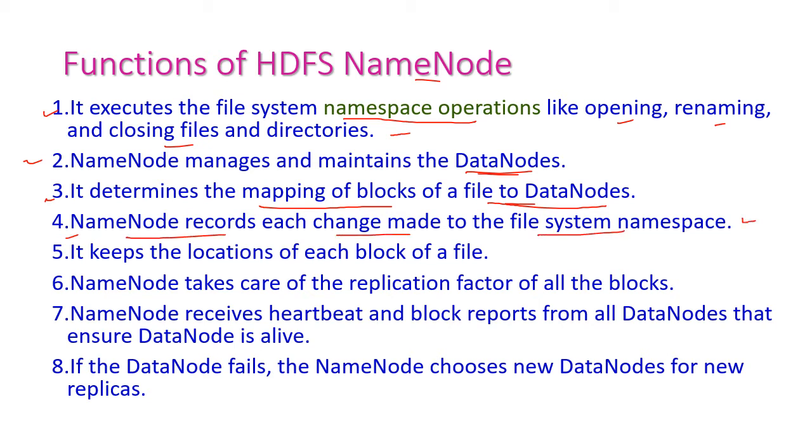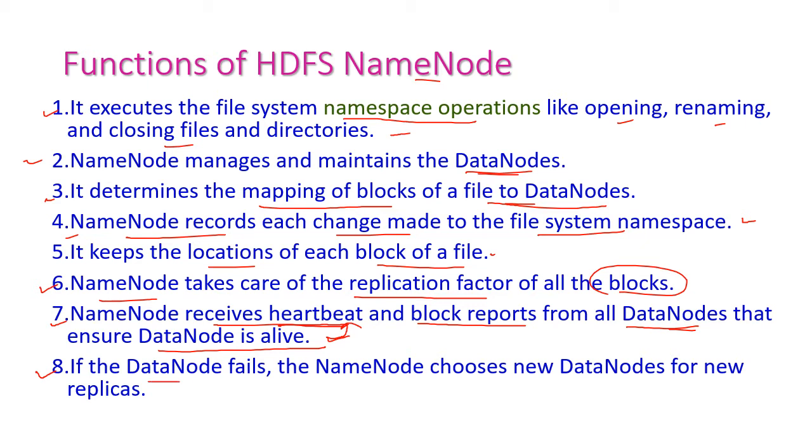It keeps the location of each block of a particular file, and takes care of the replication factor of all blocks. The name node receives a heartbeat and block report from all data nodes, which ensures the data node is alive, so it checks whether the data node is alive or not by using this heartbeat. If the data node fails, the name node chooses a new data node for new replicas.